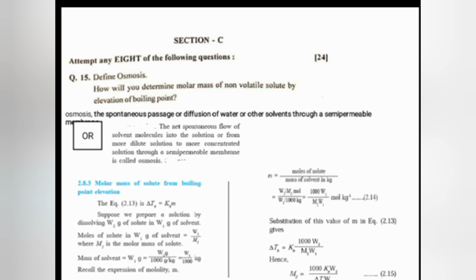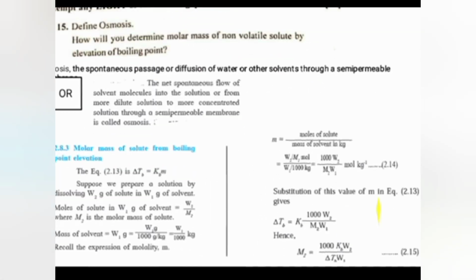This derivation is already solved in the textbook. So M2 equals 1000 into Kb into W2 upon delta Tb into W1.